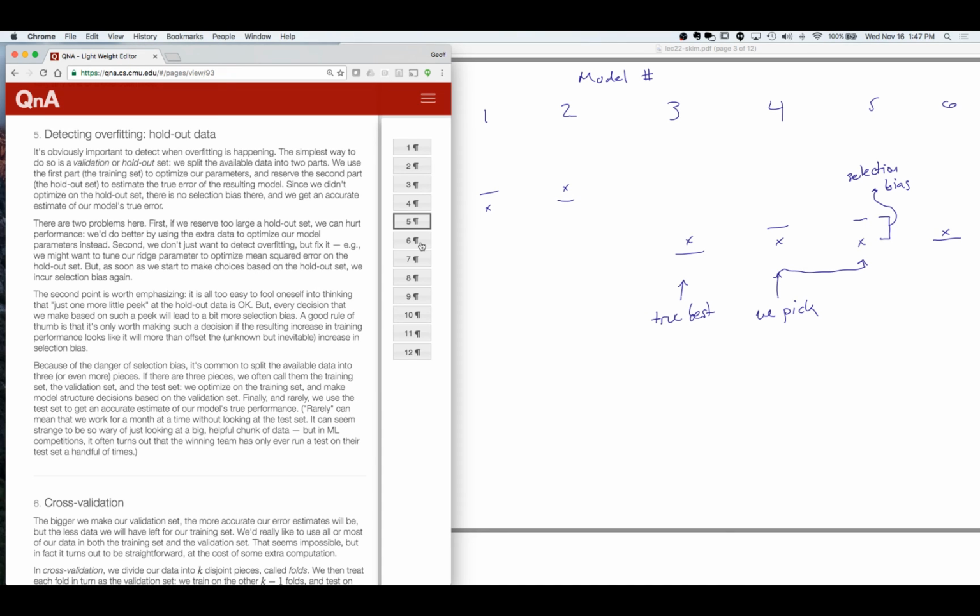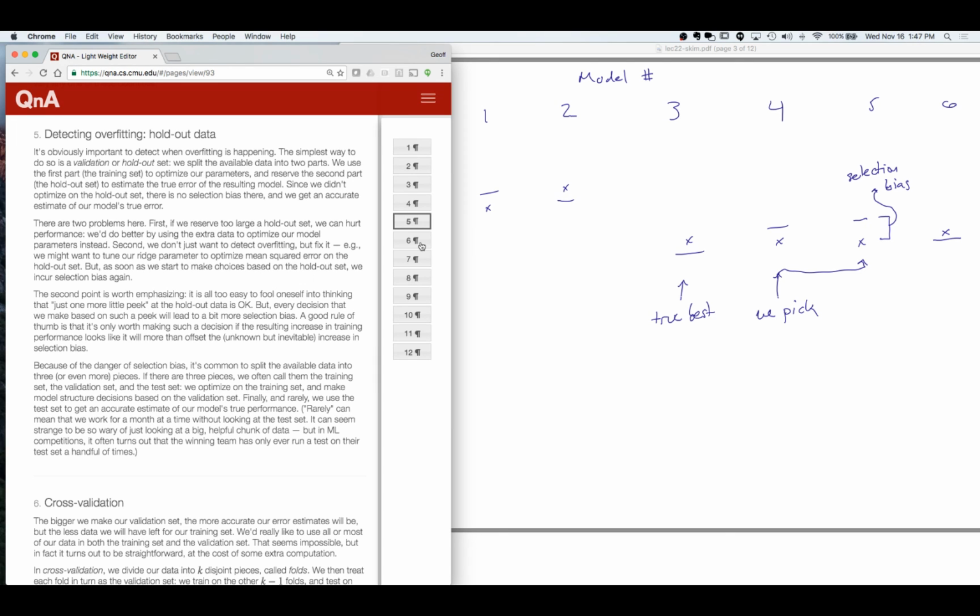And that's a good idea in general, but as soon as you start to make choices, as soon as you decide whether to use decision trees or deep neural networks, or as soon as you pick a value of your ridge parameter by looking at the holdout set, selection bias starts to creep in again. And so we're sort of in a catch-22, right?